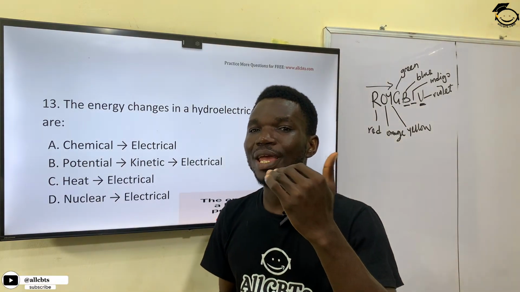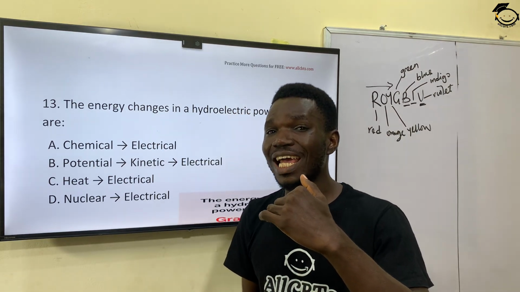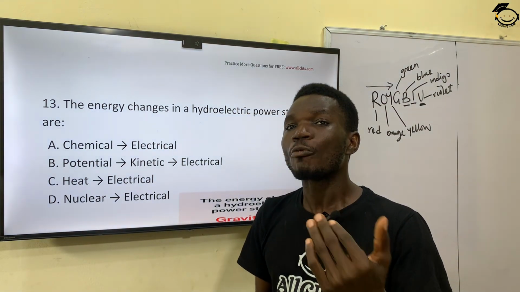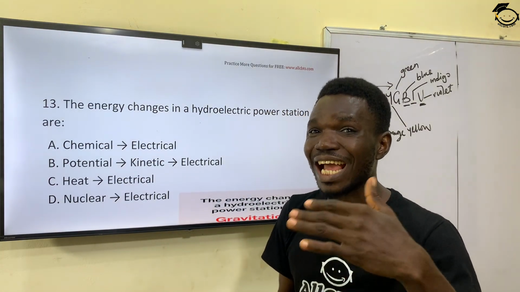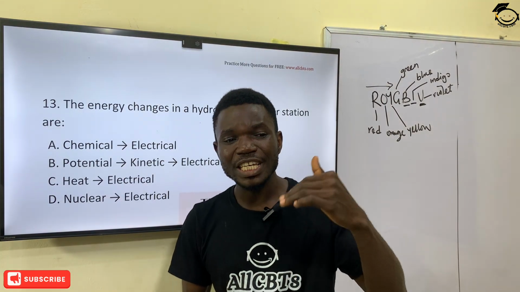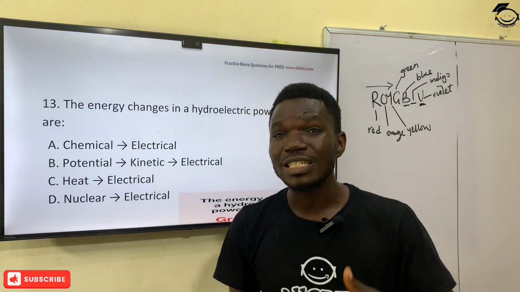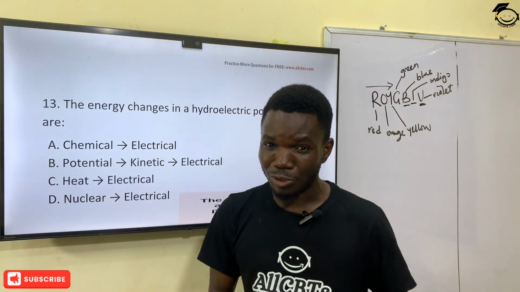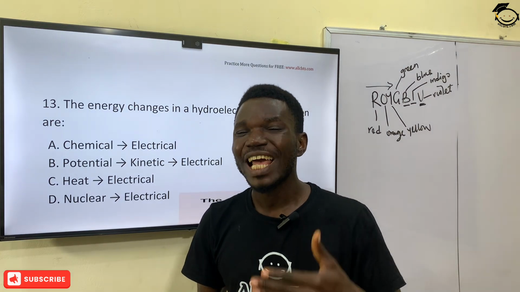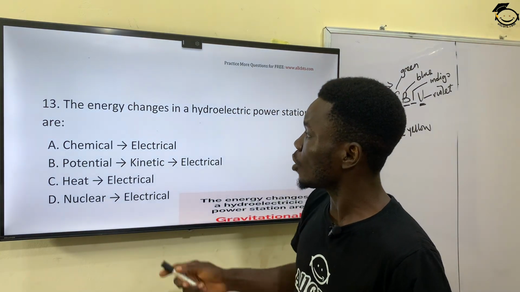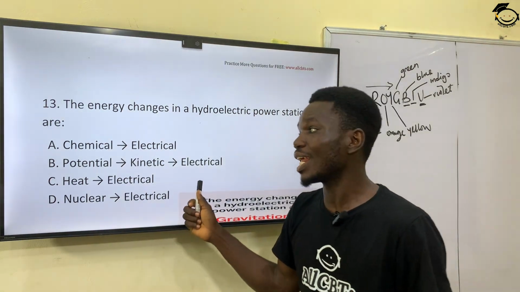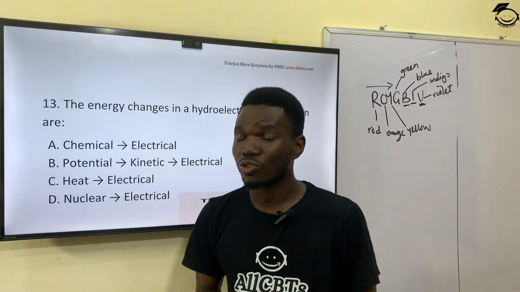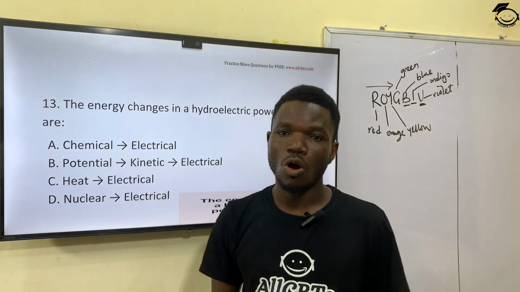So before it starts falling, it possesses potential energy. As it falls, it possesses kinetic energy. And when it hits the turbines, they convert that kinetic energy into electrical energy. So it moves from potential energy to kinetic energy and then to electrical energy. So the correct answer to this question is option B.